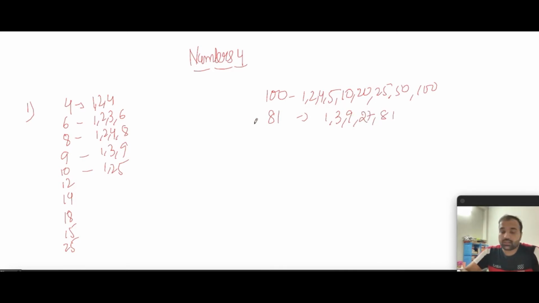Now these are normal factors. When we talk about factors, there are two things we should consider. One is the normal factor, which is multiple division, and then the other is the prime factor.